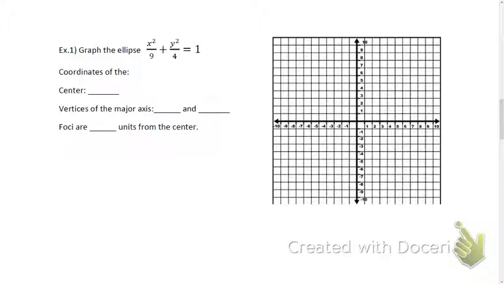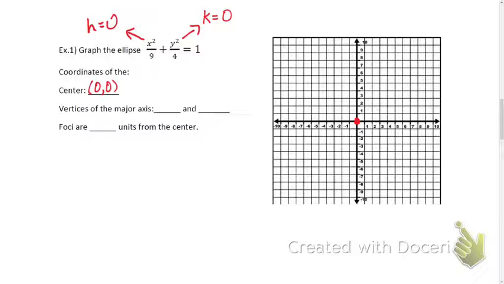But it's because h is 0 and k is 0. So if you flip back to page 1, it says x minus h and y minus k. If there's nothing there, it just means that our center is at 0, 0. So make a dot on 0, 0.